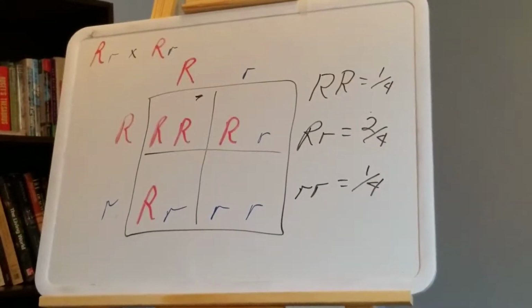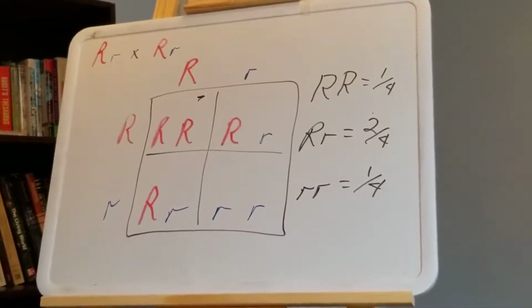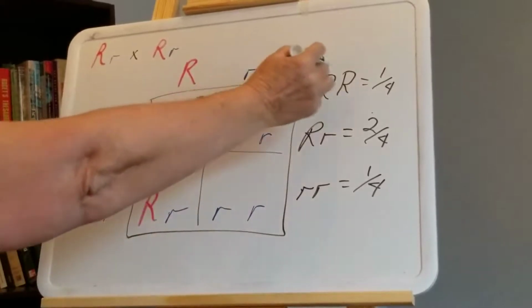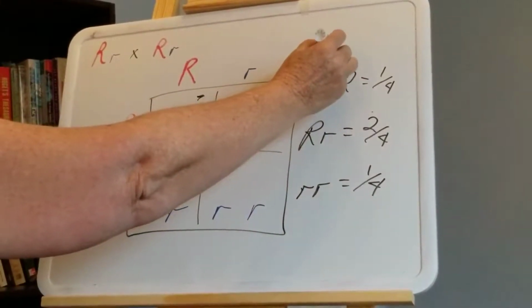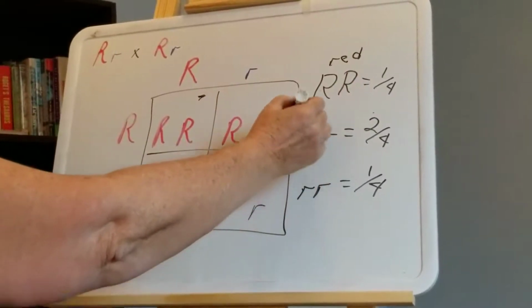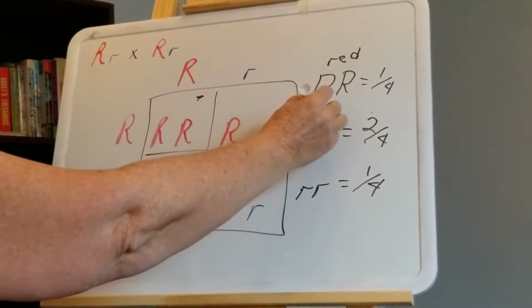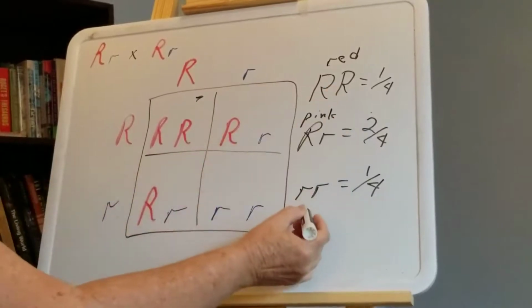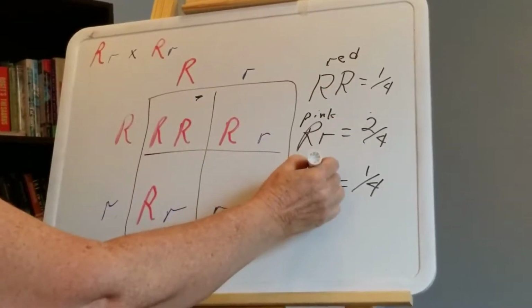In terms of what the phenotype's going to be, the big R is going to be red. The big R, little r is pink. And the little r is white.